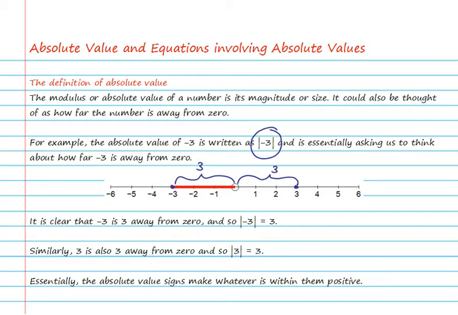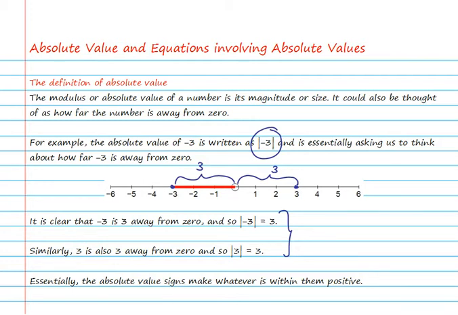Both of these things are 3 units away from 0. So we get this, that the absolute value of -3 is 3, but also the absolute value of 3 is 3. Essentially what the absolute value signs or the modulus signs do is make whatever's inside them positive, or negate any negatives that are in there.